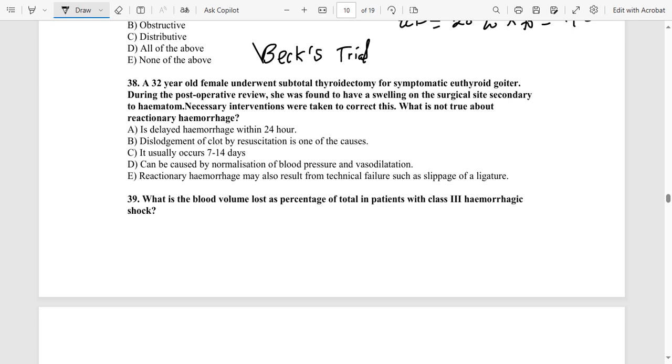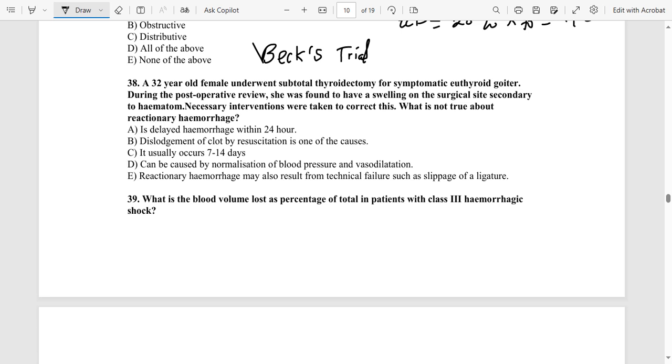It's actually divided into the primary and secondary. Primary occurs during surgery or immediately after, and then the secondary is the one that occurs after 7 days. And normally it doesn't just happen, but it's going to be due to an infection, or maybe there's a problem in a vessel wall. So that is what happens.